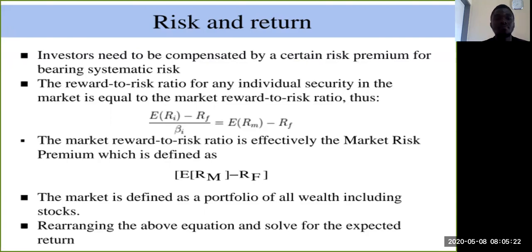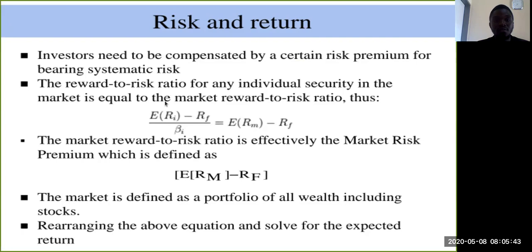But for unsystematic risk, I repeat myself, that kind of risk can be diversified, and for such a risk, the market is not going to reward you at any point.